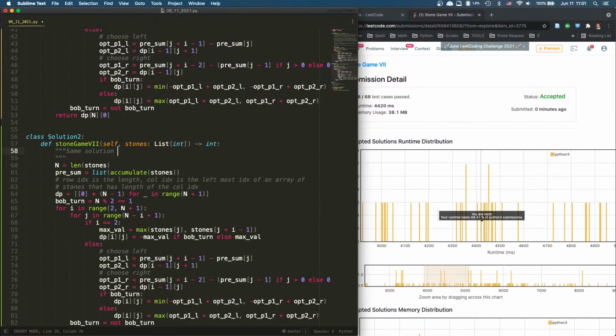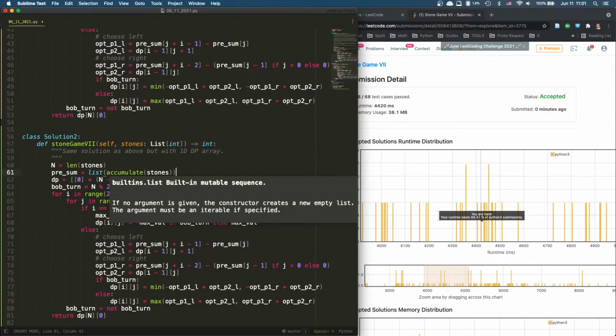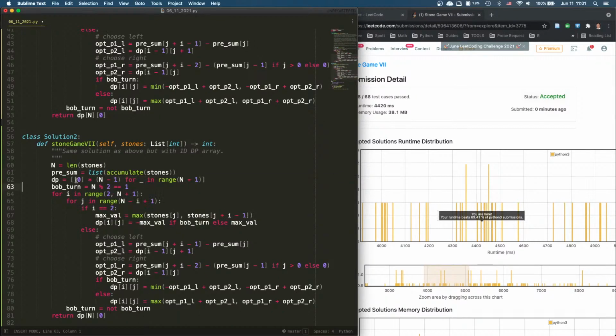Same solution as above, but with a 1D DP table, a DP array. Okay, so these are the same, so we don't have to use this anymore. So DP is just going to be an array. It's just this one. Bob's turn, fine. And then if it goes to 2, then you just say dp[j] equals this.